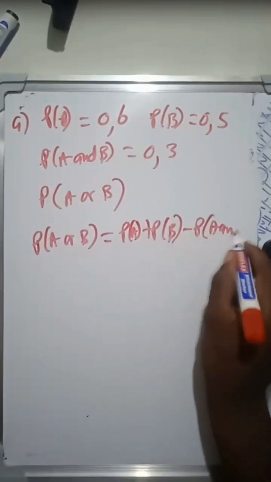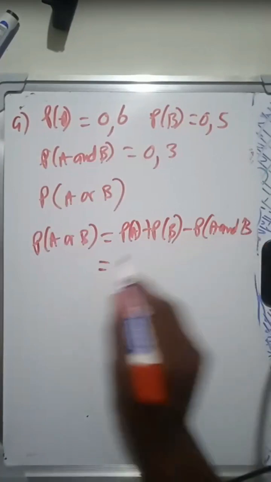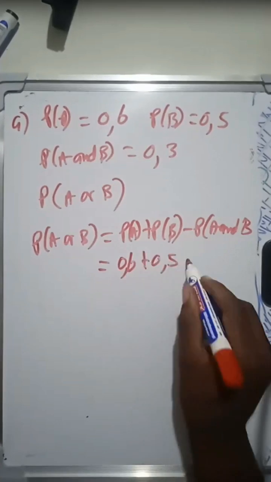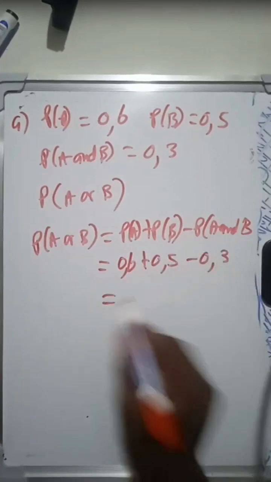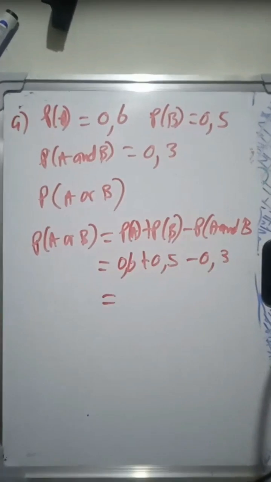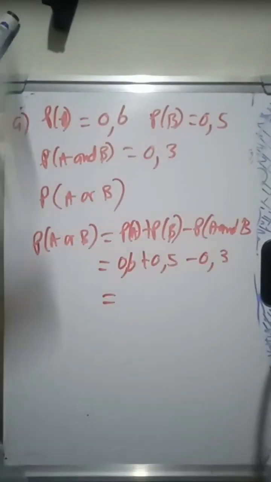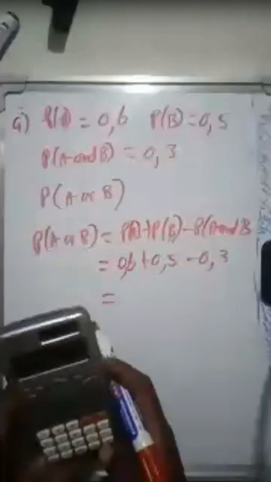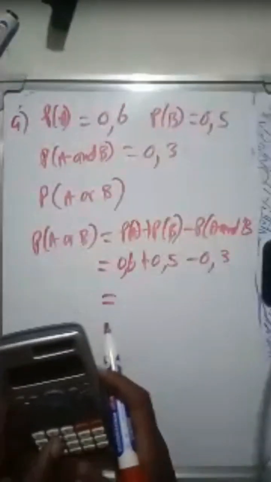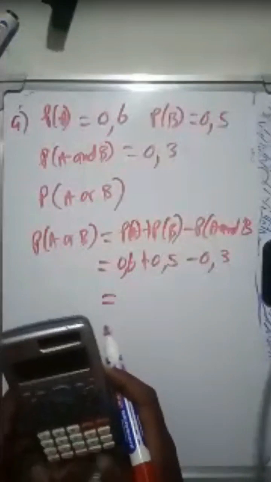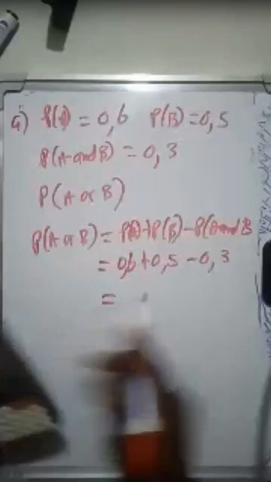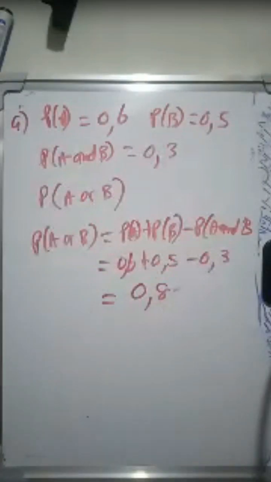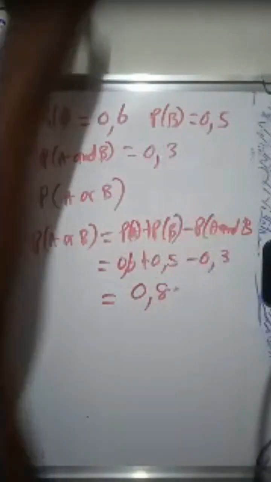A and B, which is simple. 0.6 plus 0.5 minus 0.3. What do we get? We get 0.8. So it means the probability of A or B is equal to 0.8. Okay?